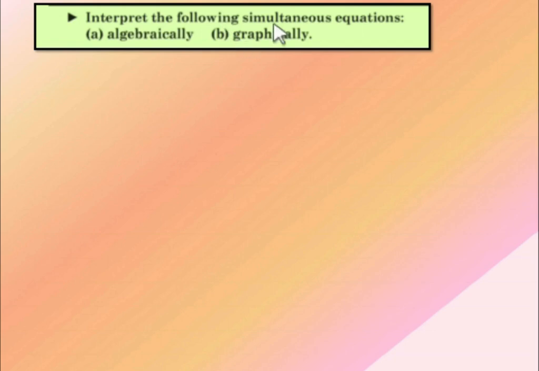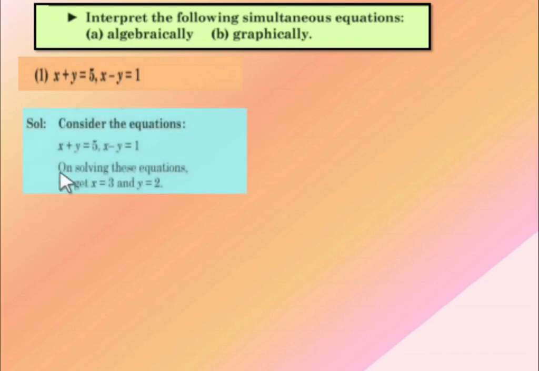Now, I want to tell you the interpretation of the following simultaneous equations. What do you mean by the algebraic and graphical meaning of simultaneous linear equations? Just see, the equations given are x plus y is equal to 5 and x minus y is equal to 1. These are the two equations.